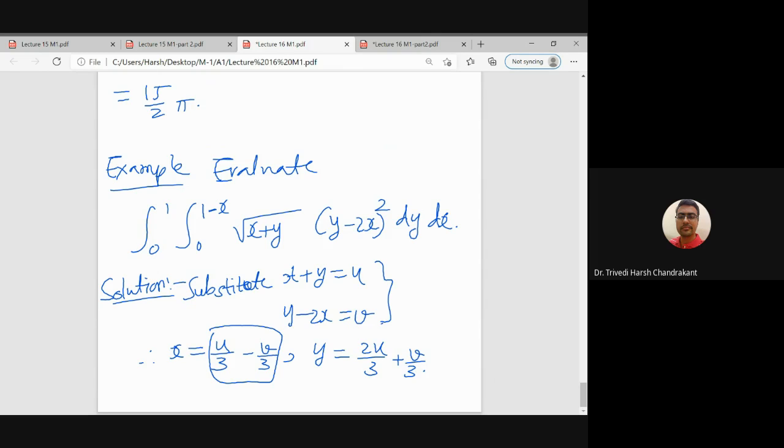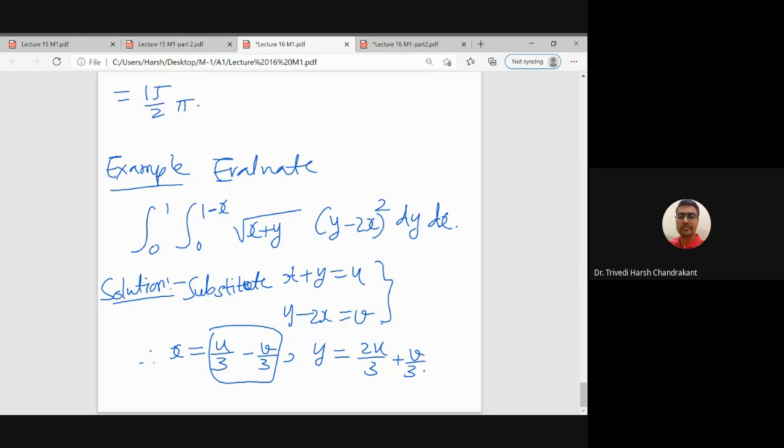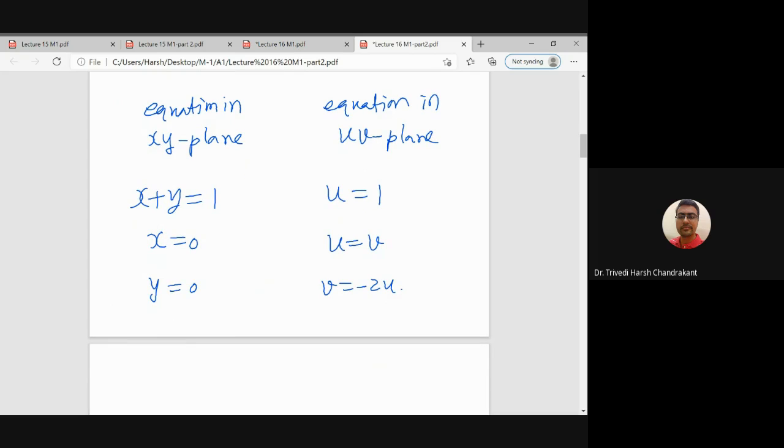So whenever x is 0, we have u equals v. And the third equation we have is y equals 0. So y equals 0 means v equals minus 2u. These are the three lines which bound the given region.